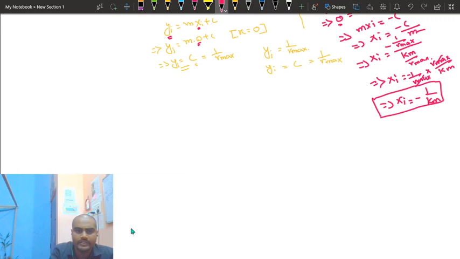the competitive inhibition mechanism. Basically, in case of competitive inhibition, there is a competition between the substrate and the inhibitor to bind with the enzyme, right? So basically, the enzyme will bind with its specific substrate, right?